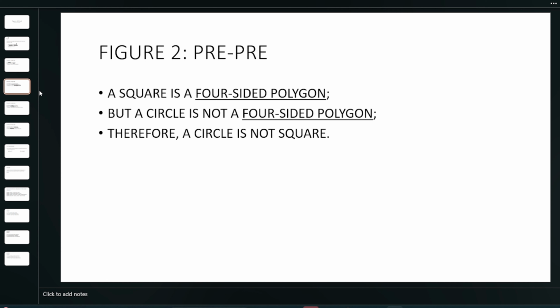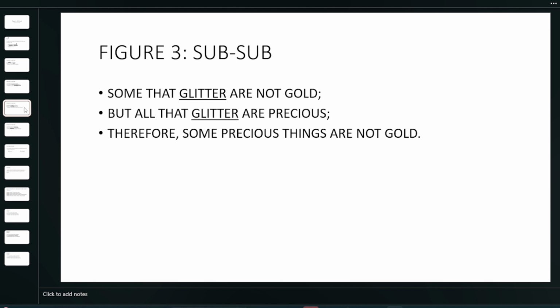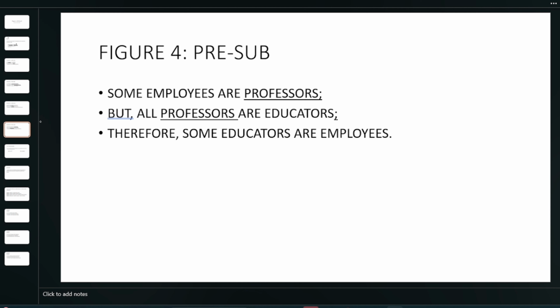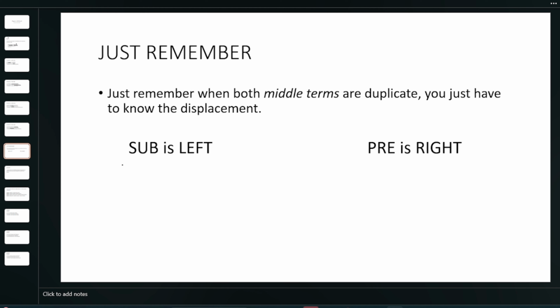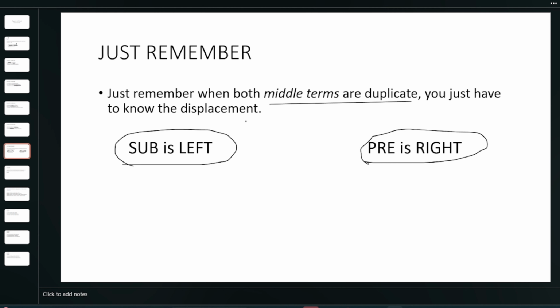Figure 2 is mainly pre on both sides while figure 3 is mainly sub. Figure 4 is just an alternated version of figure 1, but as long as you can get it anyway. Just remember that the left side is sub and the right side is pre, and be mindful that the middle term is always duplicated.